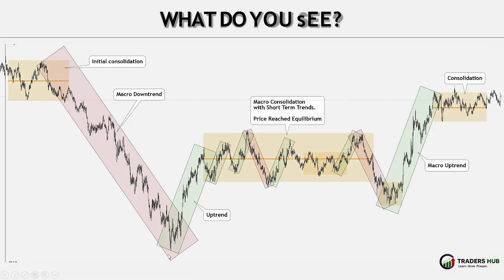And after that, you can see that there was an uptrend, okay? And this uptrend pushed us into what? Into a consolidation here, or price reached its equilibrium, okay? And it was on this area the price broke the downside before again pushing to the upside.